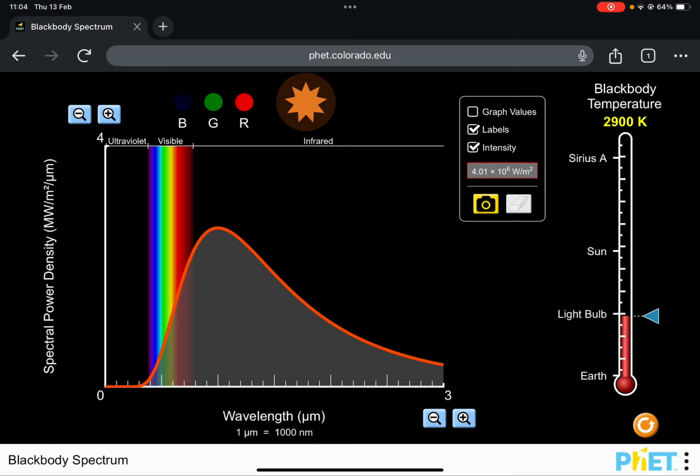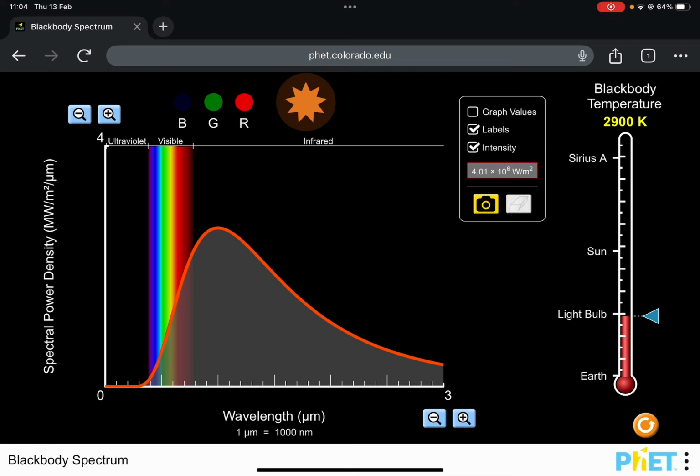That means that we get the greatest power output from our light bulb in the infrared, i.e. the thermal region. And traditionally, light bulbs get incredibly hot. They're incredibly inefficient. About 80 to 90% of the power output of a light bulb is, in fact, thermal energy. In terms of where it is in the visible spectrum, the most dominant power output is red into orange into yellow.